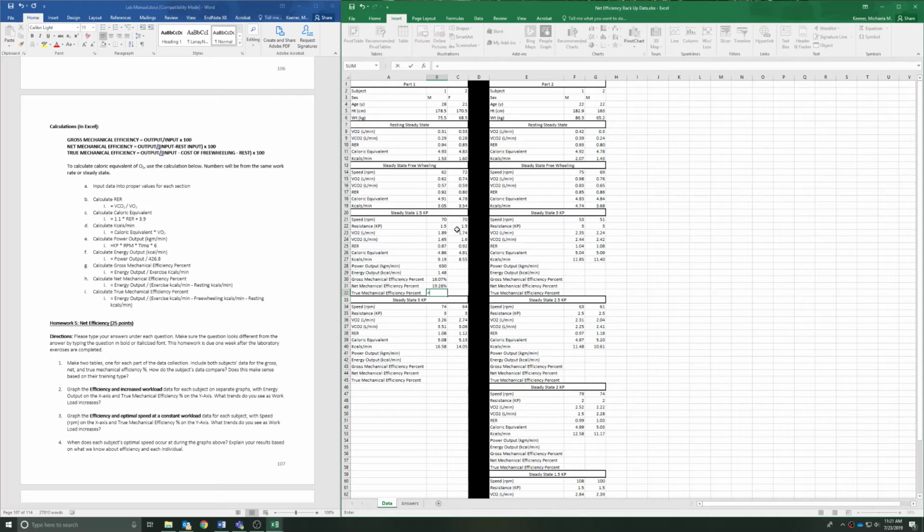So energy output divided by parenthesis the kcals per minute minus resting steady state minus freewheeling steady state. And we need to go put that money sign before both of those numbers. Okay, drag that and copy and paste.